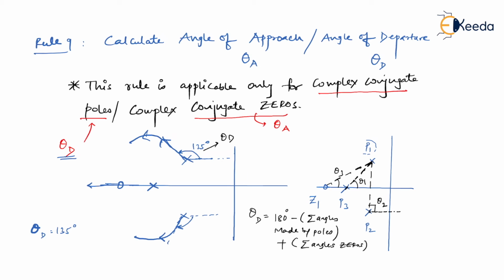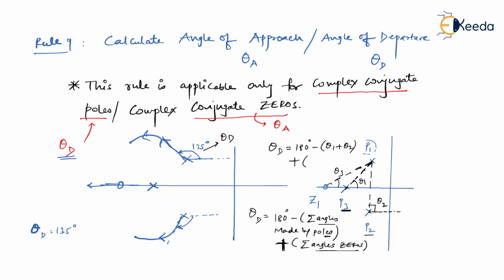Okay, so let us apply this formula and calculate theta d here. Look at this, it is 180 degrees minus. Now we have to take the summation of angles made by poles. As you can see, other than pole 1 there are pole 2 and pole 3, whose angle summation I can take as theta 1 plus theta 2. So in the bracket I can write theta 1 plus theta 2, then we have a plus here, and then in another bracket you have to write the summation of angles made by zeros.